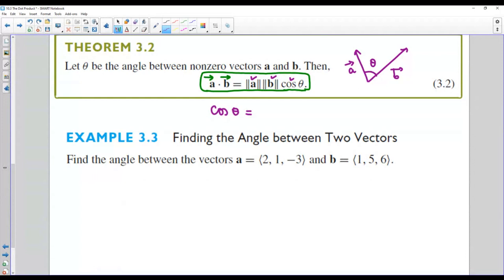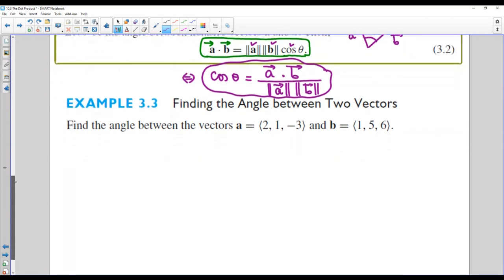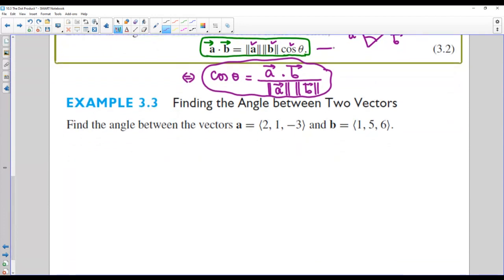It becomes cosine theta equal to the dot product over the magnitude of A multiplied by the magnitude of B. Then we use the cosine inverse to get the theta. So this rule or this rule, they are the same, but you can use whichever one you want to use.